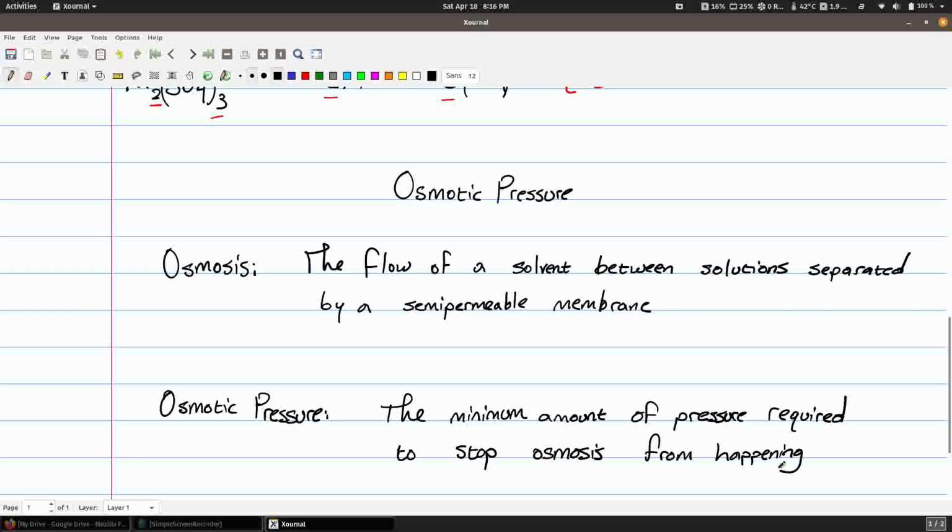And there's actually a formula that's derived from the ideal gas law that we're able to use to calculate this.